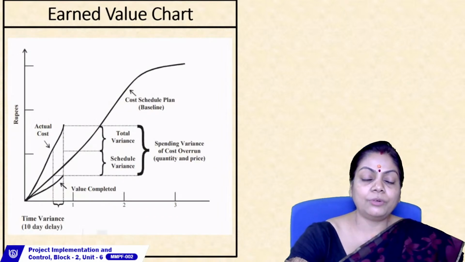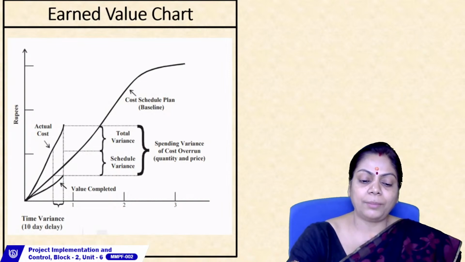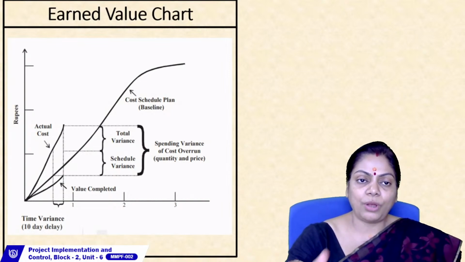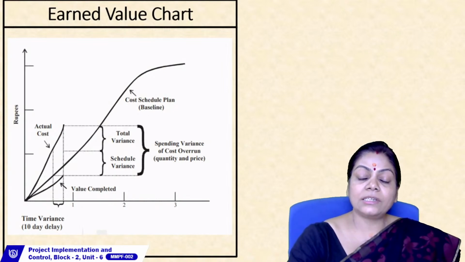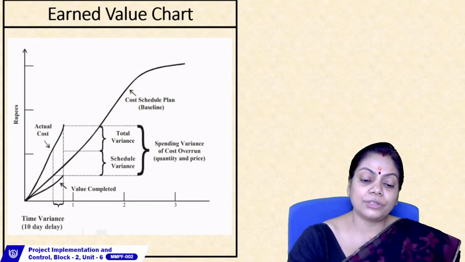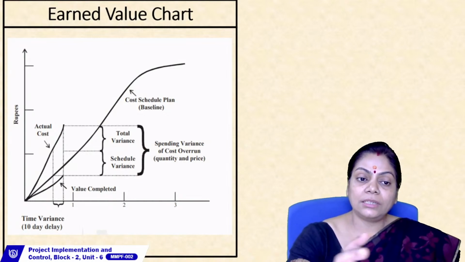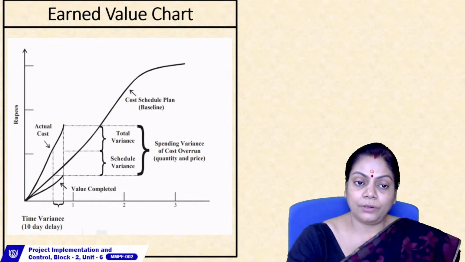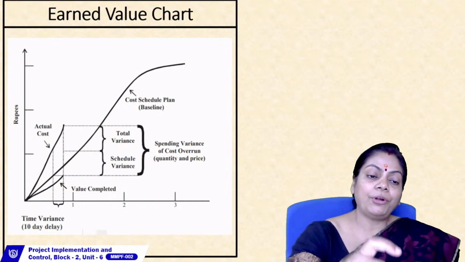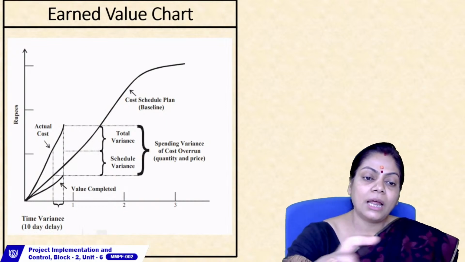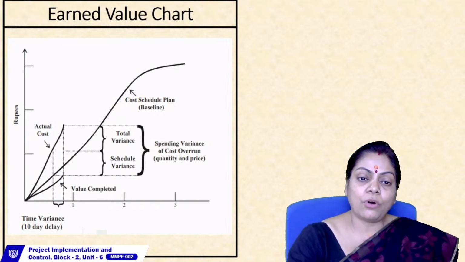Now, in this monitoring, we have been talking about the data that we are collecting, the analysis that we are doing, and the various tables and charts. When we are talking about variance, you can depend on something called an earned value chart. Look at this earned value chart. You see the variances can be easily identified. There is the schedule variance and the total variance, and the cost we are spending.